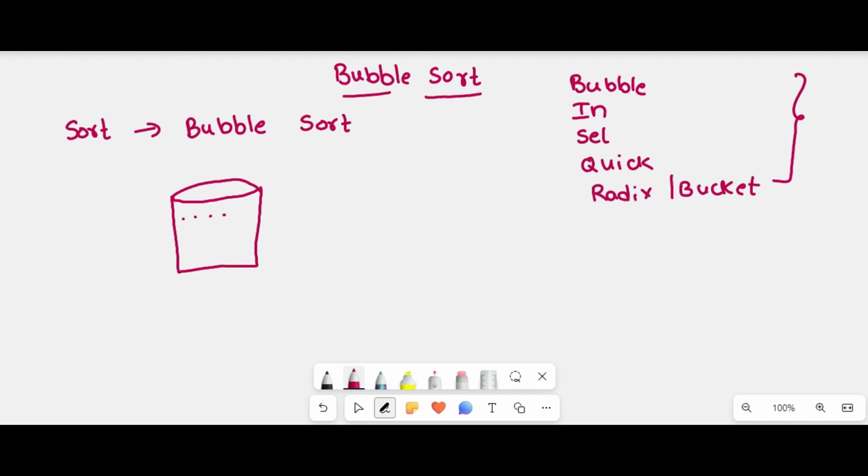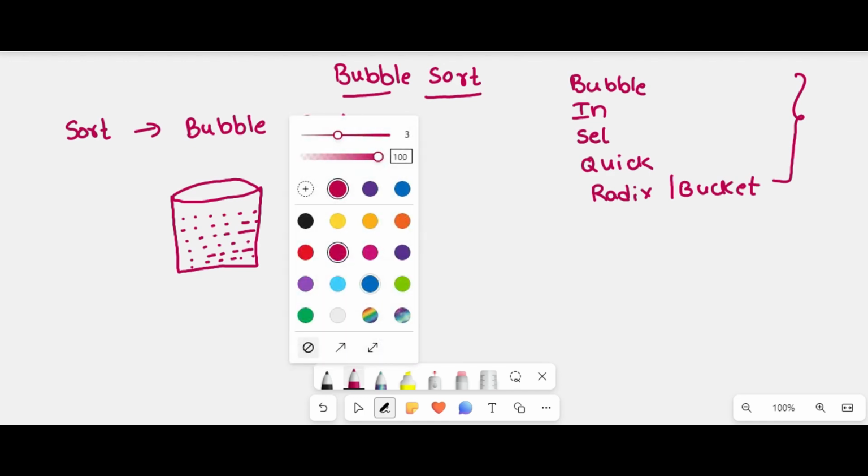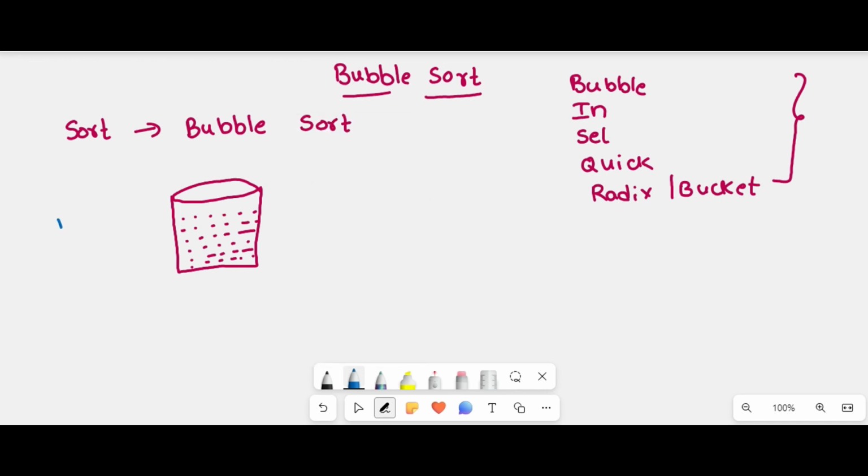A bucket consisting of some water. For example, consider some objects: this is one object, this is another, and this is another. This one has more weight, this one has less weight than that, and this one has very little weight. Suppose I throw these objects into the bucket.